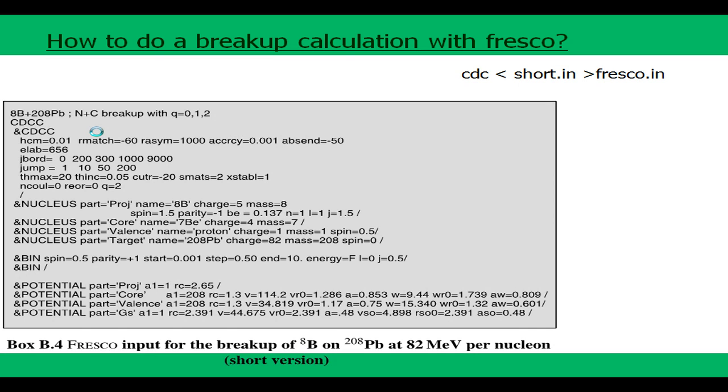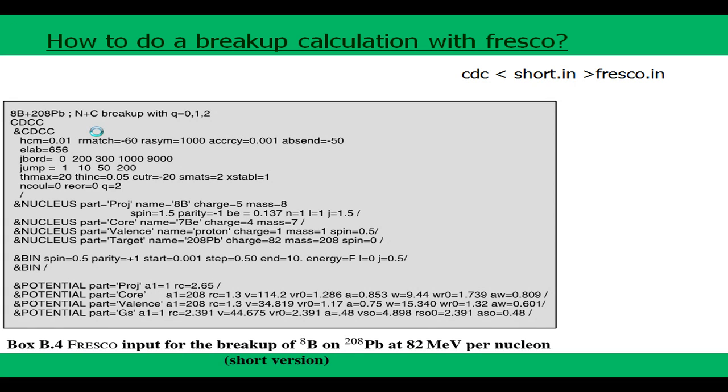Okay. So this input is not an input to Fresco directly. In fact, there's a version that you can use as an input to Fresco directly. But the way we're going to do it is run it through a preprocessor to generate the standard Fresco input. What this little script does is it basically generates the bins for you, so you don't have to do it by hand yourself.